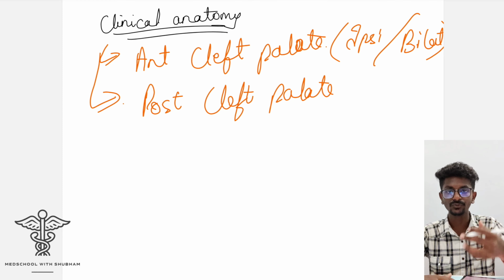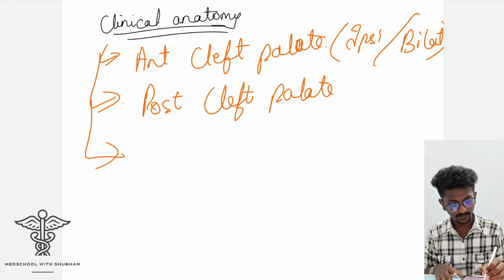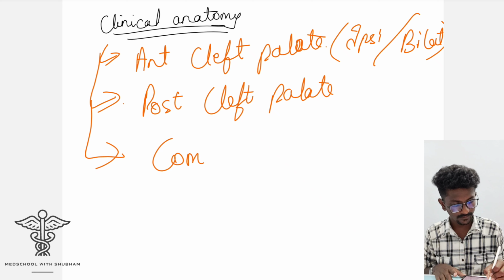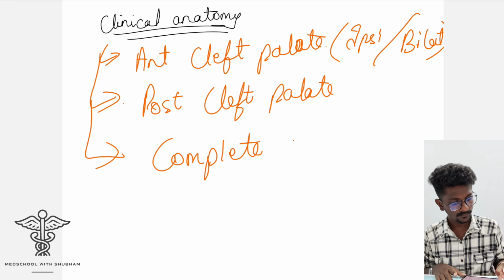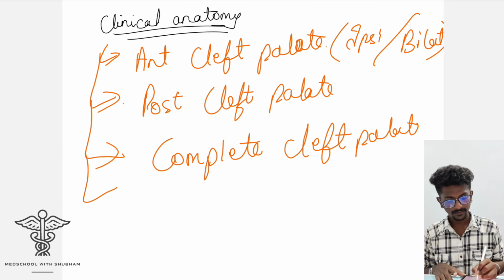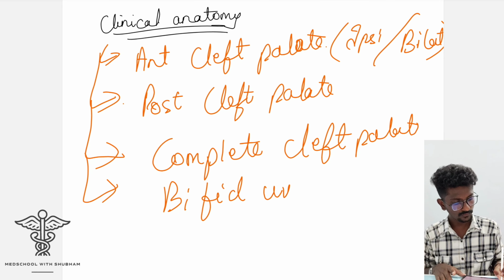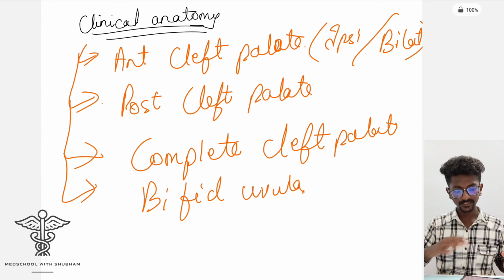Ipsilateral can also be called as unilateral. So unilateral or bilateral. And third, you have the complete cleft palate. Okay. And the last one is the bifid uvula. I hope this is very clear to you guys.